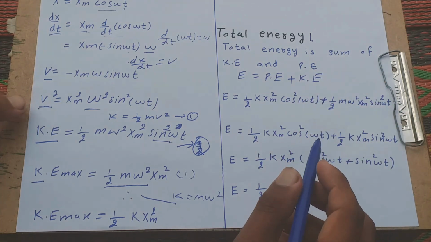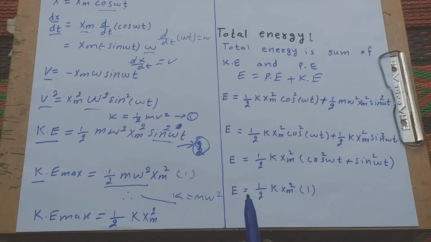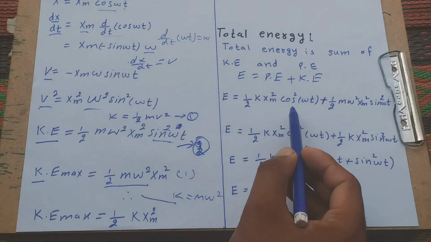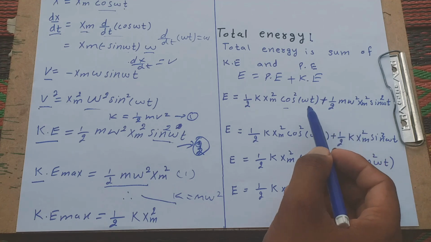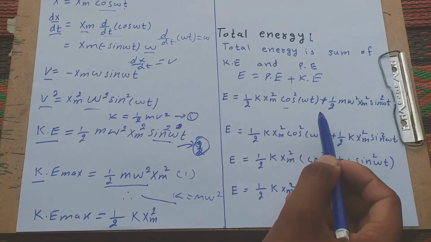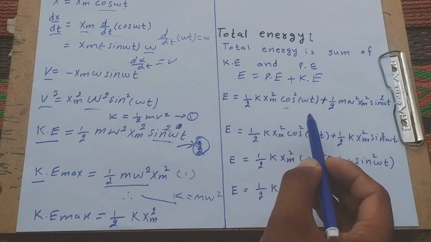Here we use the values with time, not the maximum value. Okay, we consider the proper value with the variation of sine and cos with time, meaning we use the functions with the time variations.